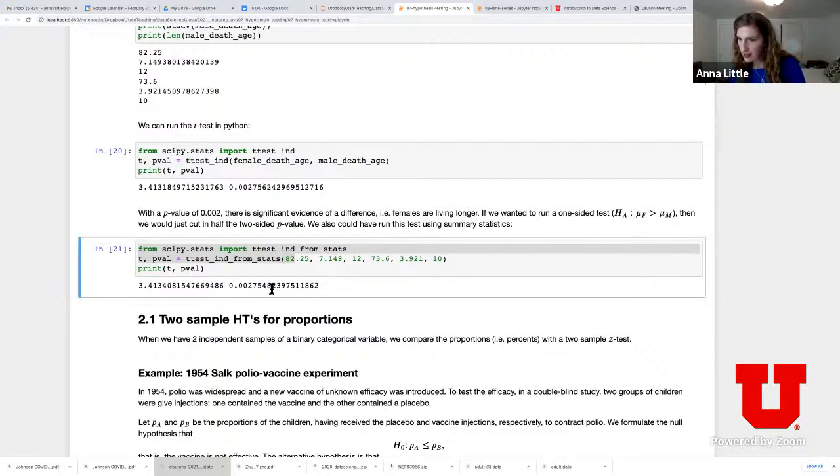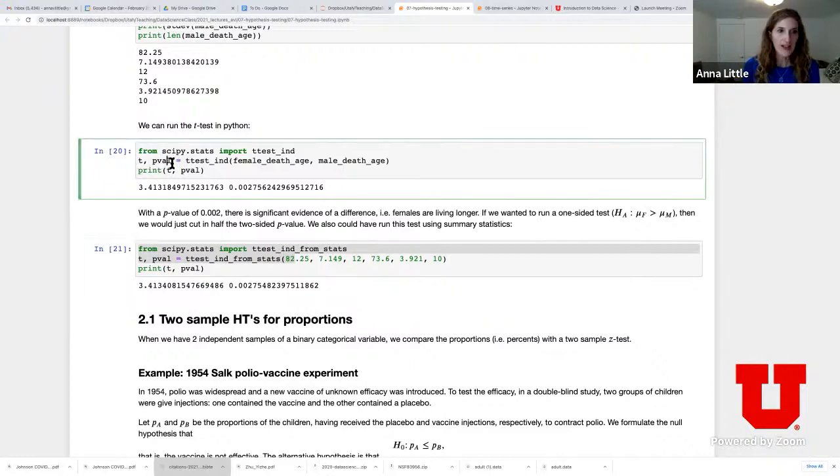Okay. And then we've got a question. Does ttest_ind return the values as a list? These right here? No, I don't think so. I believe the way we've set this up is it's just returning two individual variables named t and p-val.